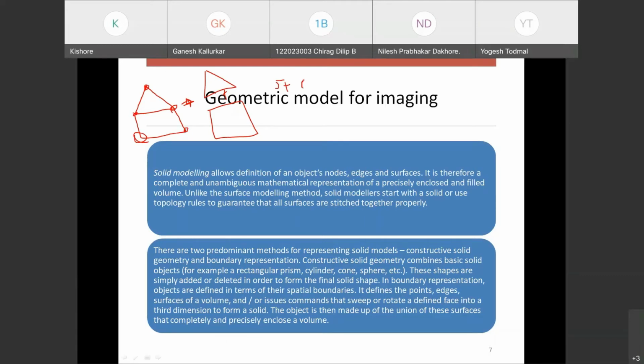So 5 intersections plus 6 lines, and this is sufficient. Okay, so this is how you represent it using spatial boundaries. So these are the two different types in which you can represent a geometry.